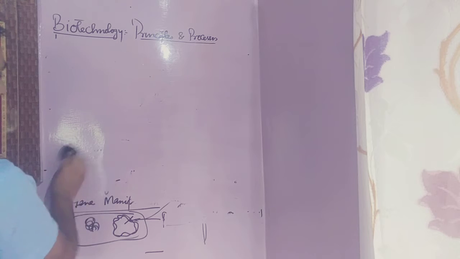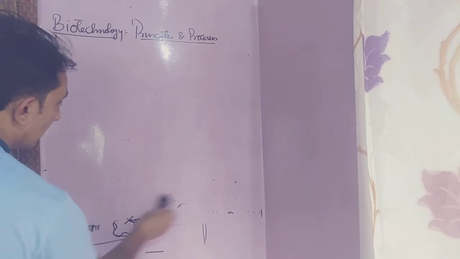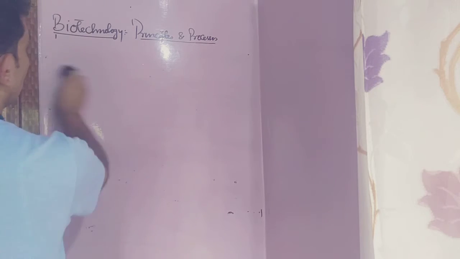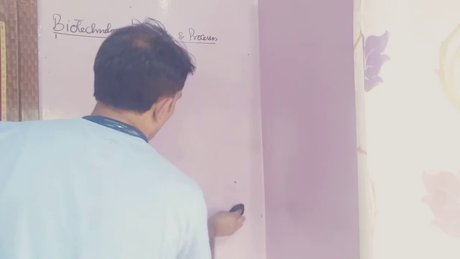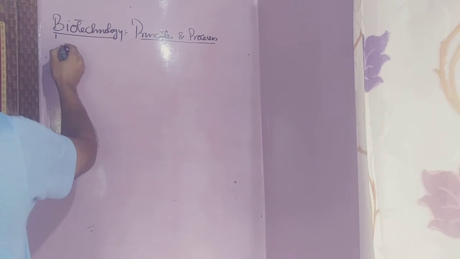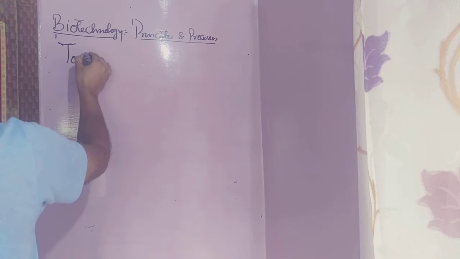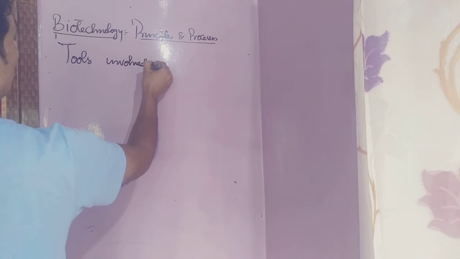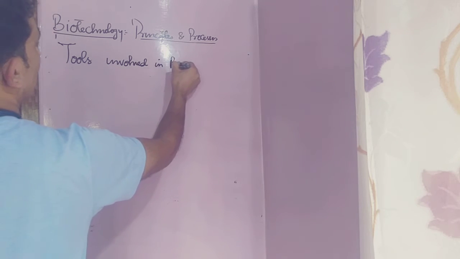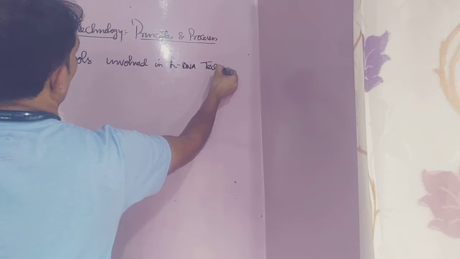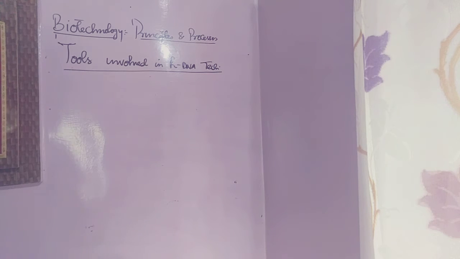Our next point of discussion is the tools involved in rDNA technology, which means recombinant DNA technology. What are the tools involved in the recombinant DNA technology? We shall be discussing that.